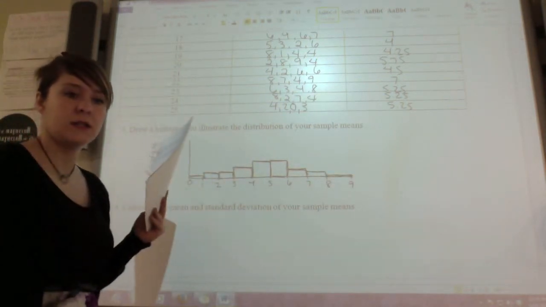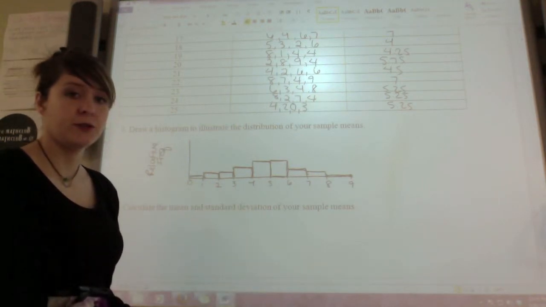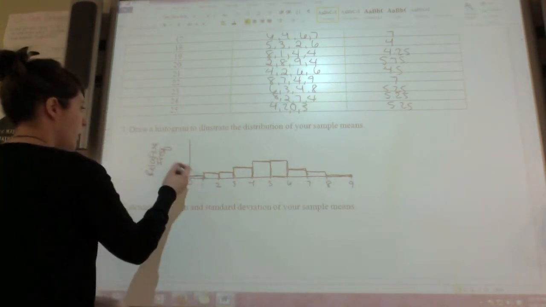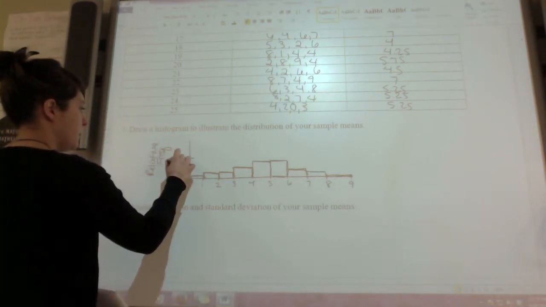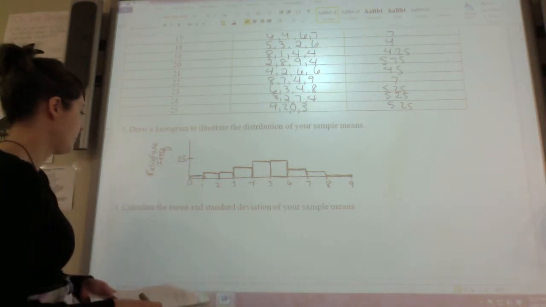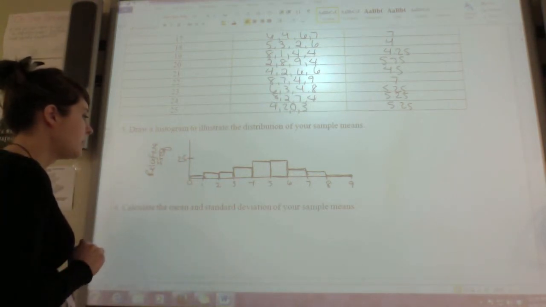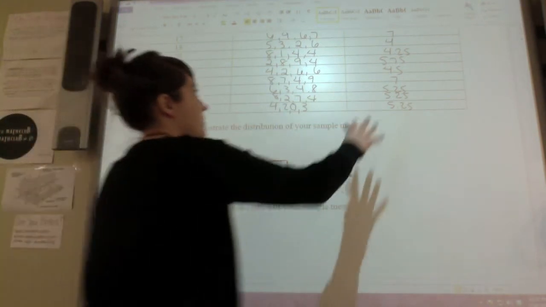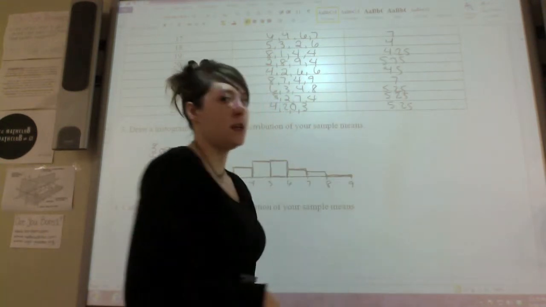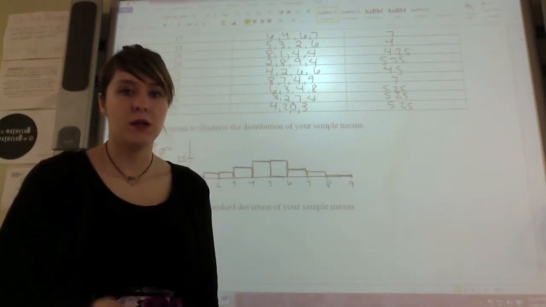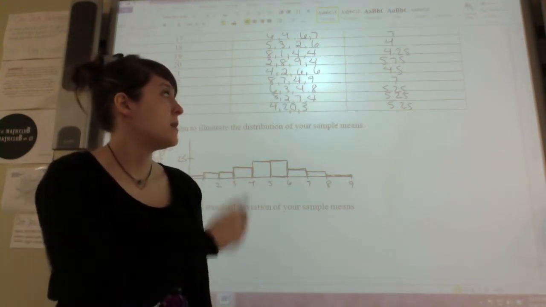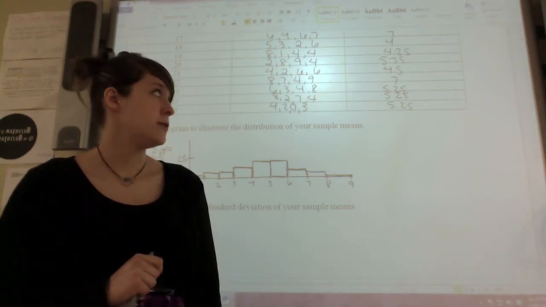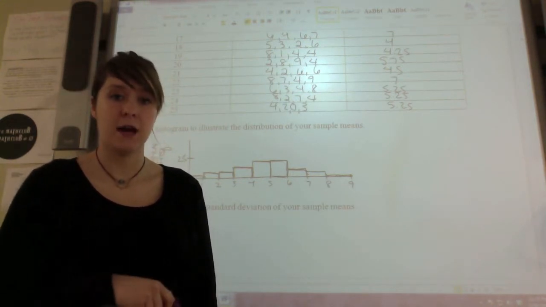So you can kind of notice that it looks kind of like a normal distribution, or a standard normal distribution, because it's got that bell curve going on, where these are my relative frequencies. Okay. So now I want to calculate the mean and the standard deviation of my sample means. So what that means is I'm going to calculate the mean and standard deviation of this data set here. So again, I'm going to go on my calculator, enter my means into my list 1, and then do my one variable statistics for that set.